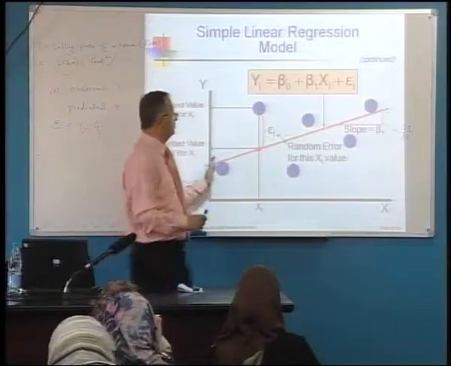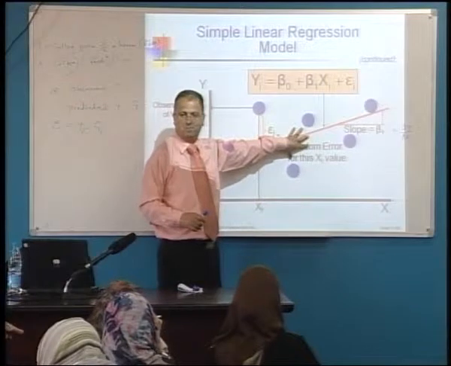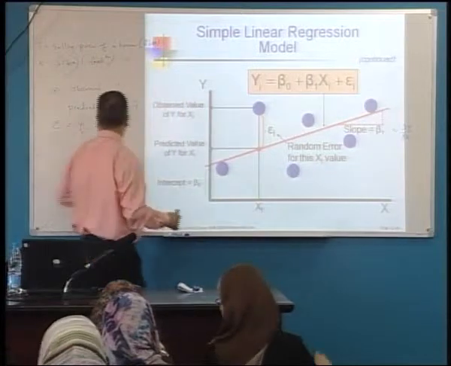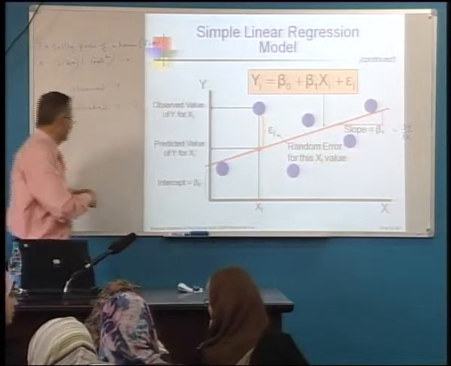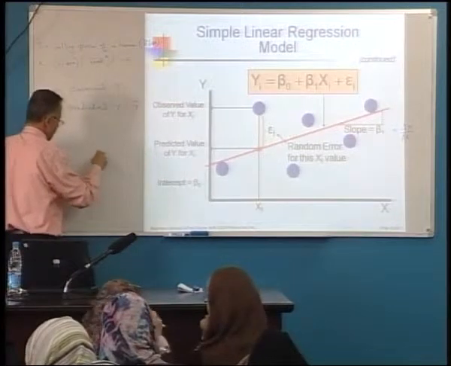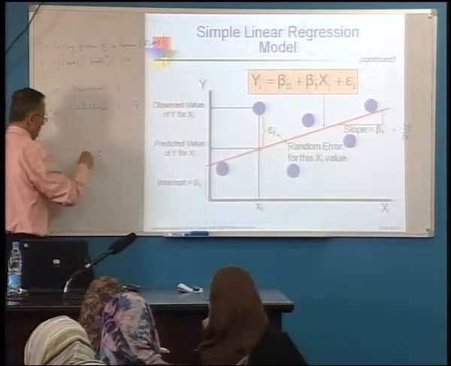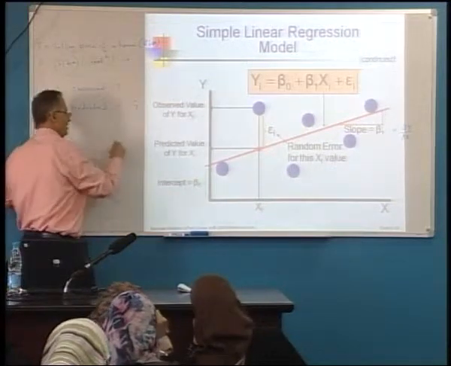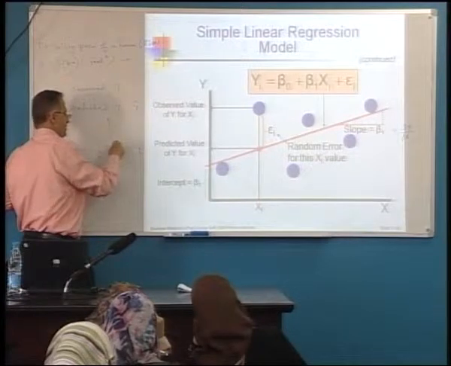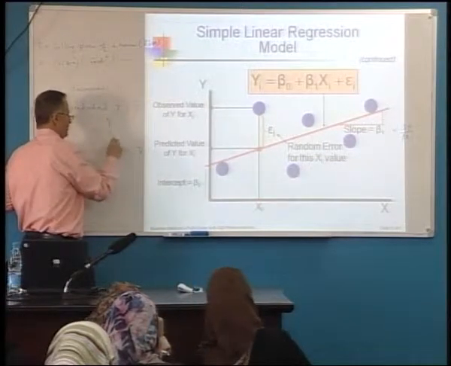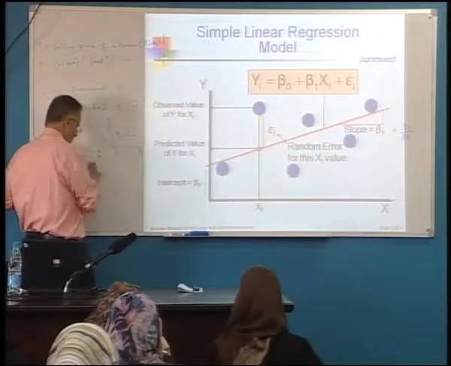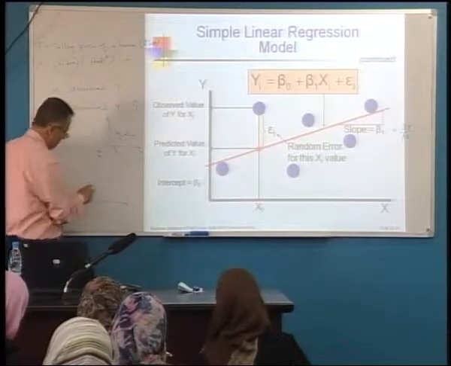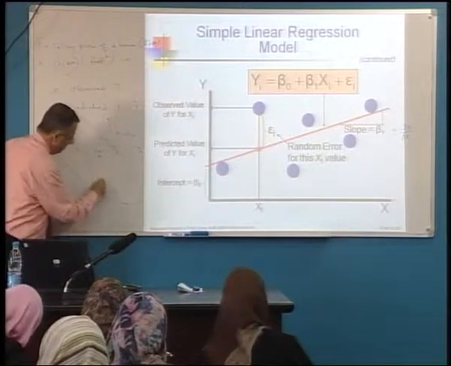The relationship may be positive or negative. It could be negative. Now, for a negative relationship, beta 0 could be positive or negative, or beta 0 equals 0.